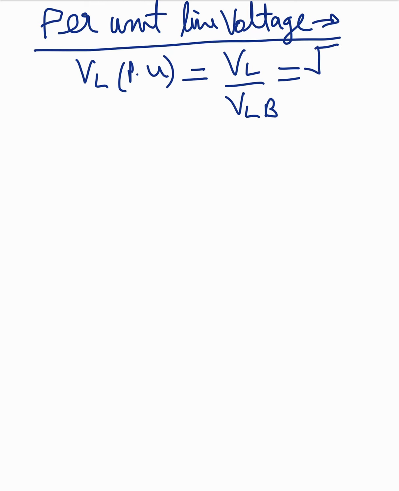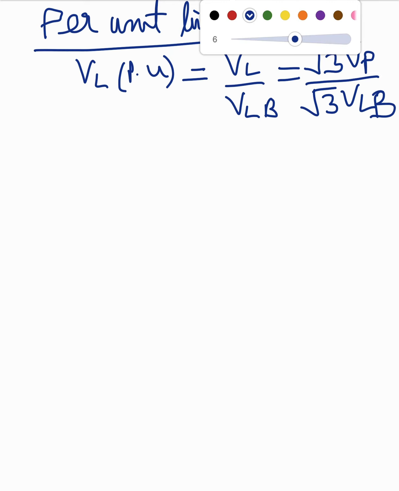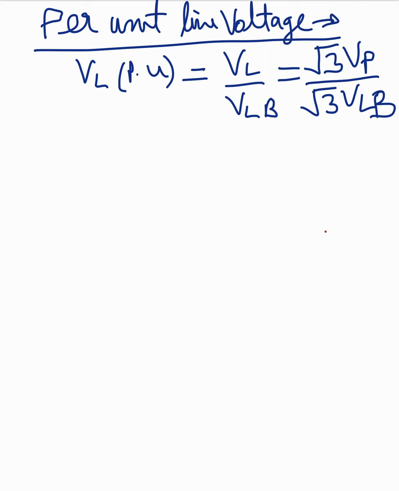So we can write that root 3 VP, and for the VLB, that is root 3 VPB. So here root 3 and root 3 cancel out.